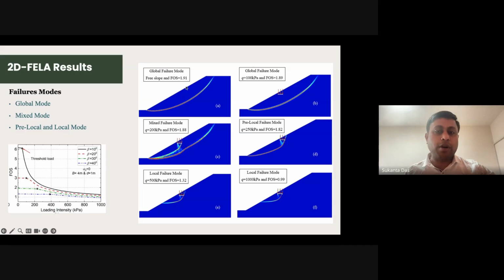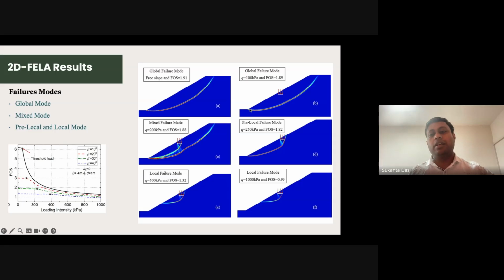We assume this problem, then we start to further increase the building loads. So this is factor of safety 1.91. Then we see after increasing the loading intensity to 100 kPa, the factor of safety suddenly reduces, very small, insignificant you can say.